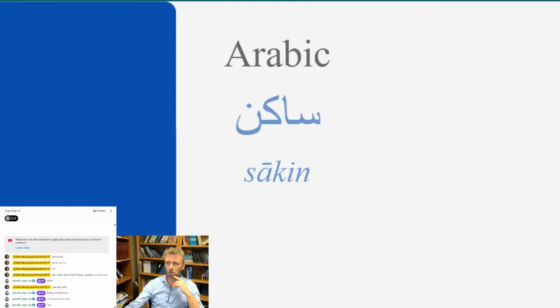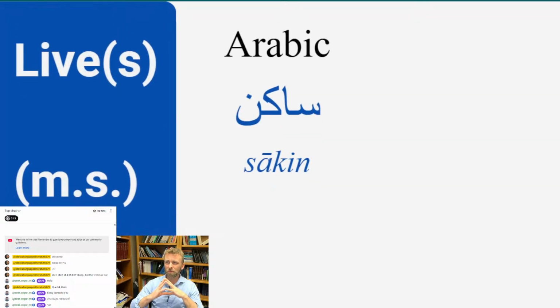So this form will be applicable, and the form is sakin. Okay, and so that can be for I, for you masculine, or for he when we have he as a subject. Okay, sakin. Properly speaking, this form is a participle.